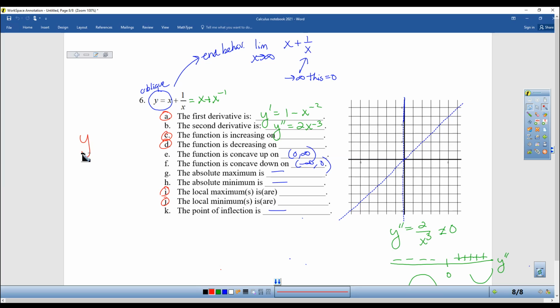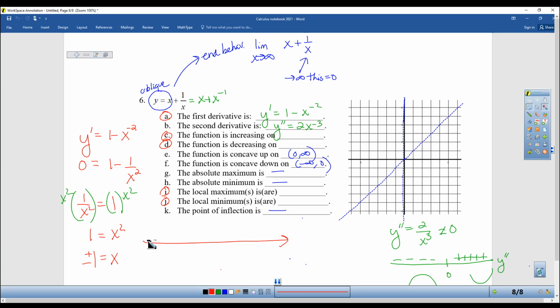These all go together. So the first derivative is 1 minus x to the negative 2. I set it equal to 0, and I simultaneously move that to the bottom. I'm going to rewrite it like this. I'm going to clear my fraction. I get 1 is equal to x squared. x is equal to plus or minus 1.